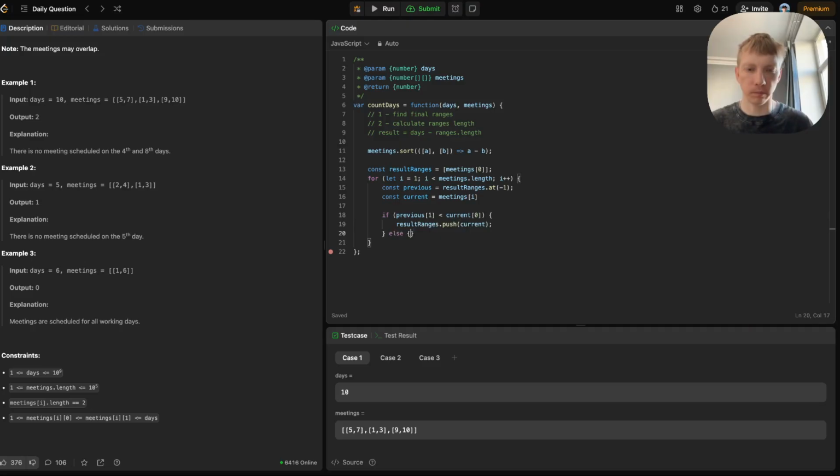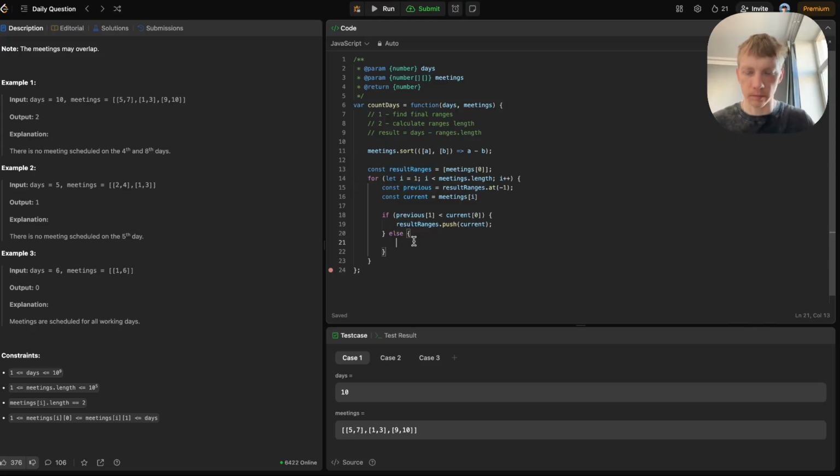If start is not equal to the end, so we know that current start is always bigger than or equal to previous start, because we sorted it, which means that if it is not staying after the previous range, then they're intersecting.